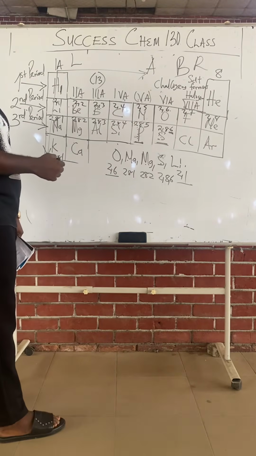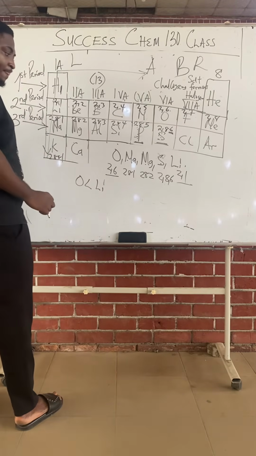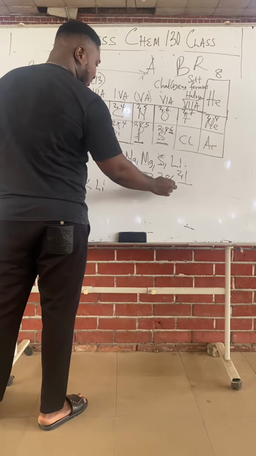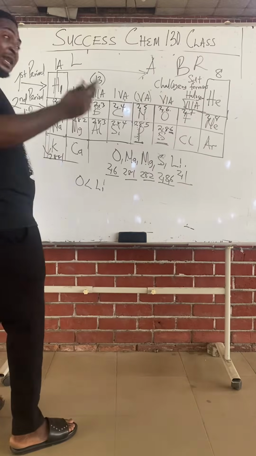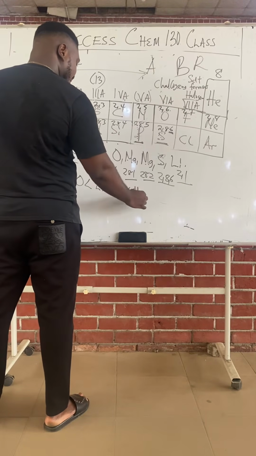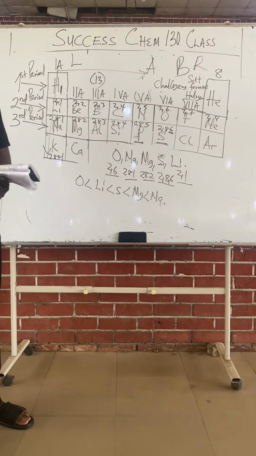Because it has more pull. So oxygen is less than lithium. Now, between sodium, magnesium, and sulfur, they have the same number of shells, right? So which is the smallest? The one with more electrons, right? Sulfur, then magnesium. So you have now understood it, Abby? Good. You have understood.